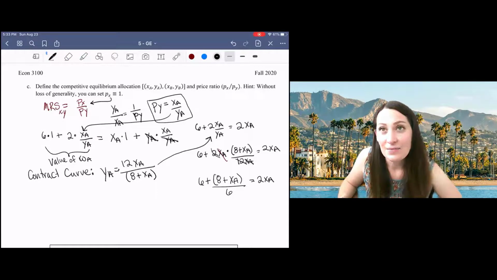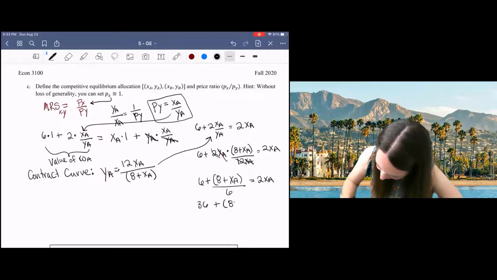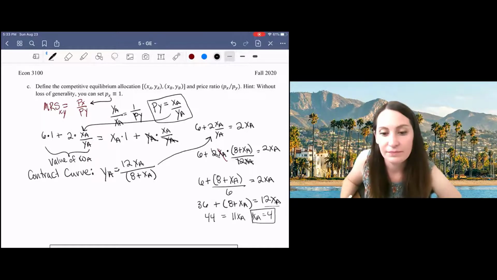I think the easiest way to approach this issue is just to multiply everything by 6. So I've got 6 times 6 is 36. When I multiply by 6, that denominator goes away, and then this will be 12XA. So now I've got 36 plus 8 is 44 equals 12XA minus XA is 11XA. So XA will be equal to 4.